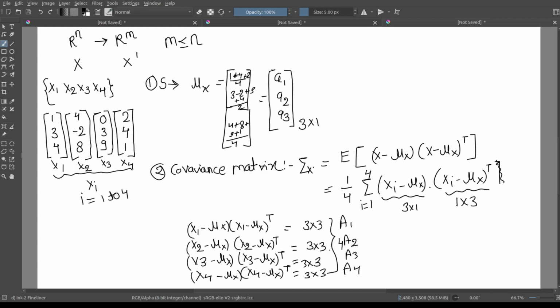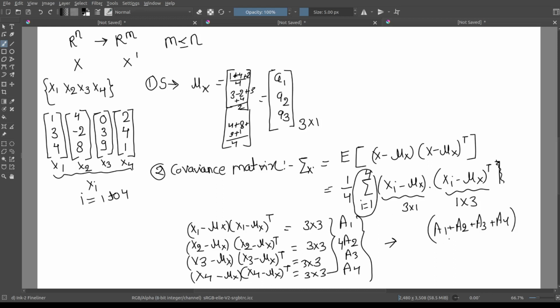Sorry if I reuse any symbol, but you understand, because it would be difficult to make separate symbols for everything. Now after this we have to add all these matrices. So you add all of these.